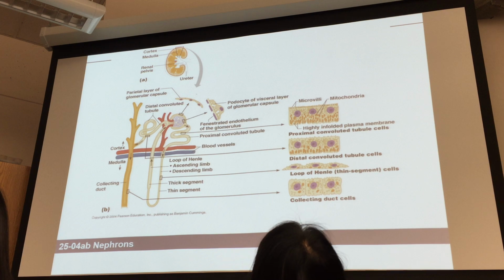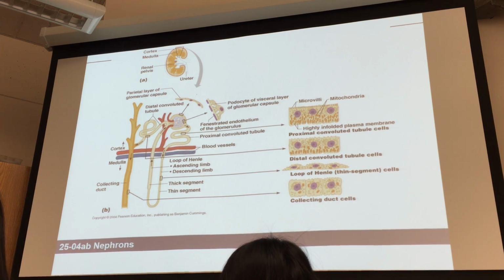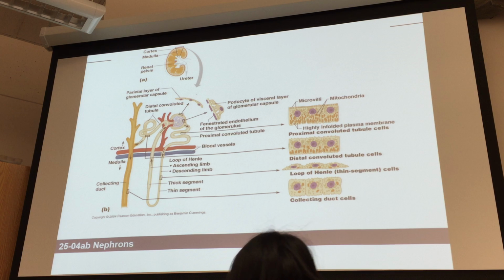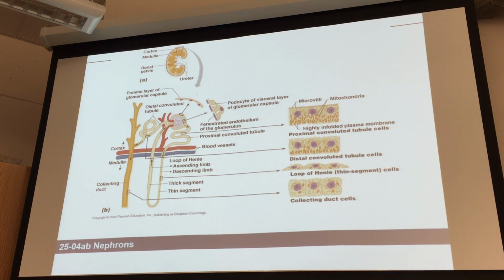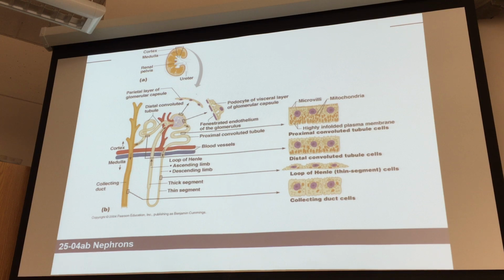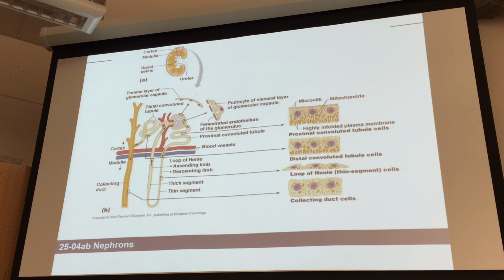PCT, proximal convoluted tubule, has microvilli. Where does most reabsorption occur? PCT, good, because it has an enormous amount of microvilli. About how much do we reabsorb in a day? 99% of what? 180 liters is about what we filter.